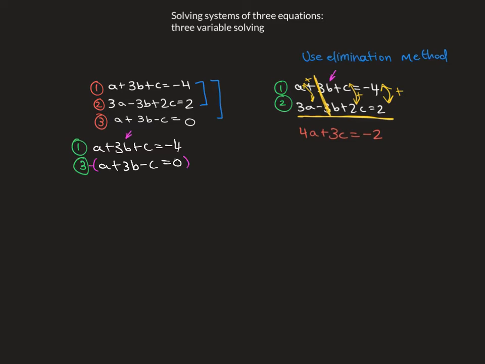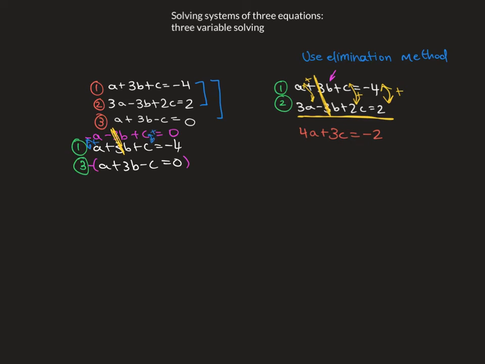When we multiply by a negative, we then get minus a minus 3b plus c equals 0. Now we can go ahead and just cancel out the 3b's, and then we can just add them together.